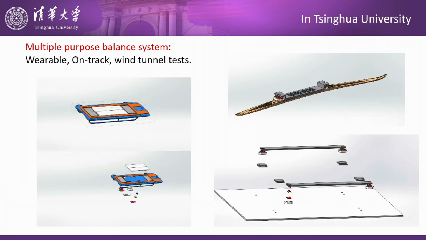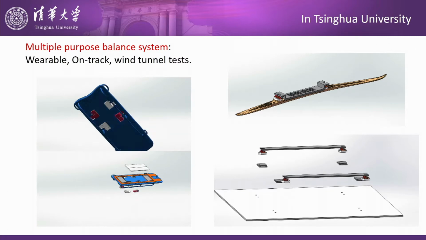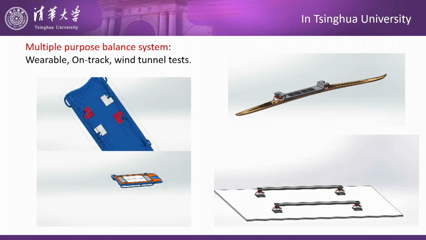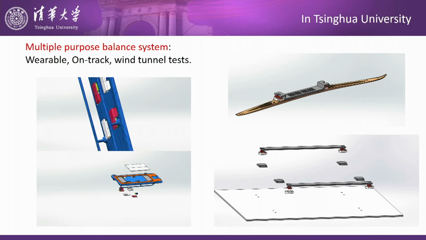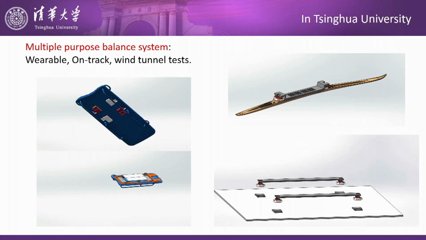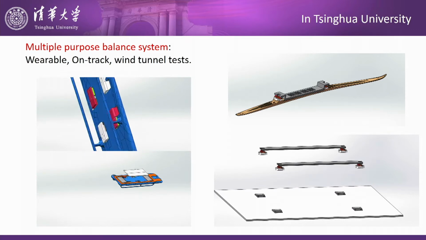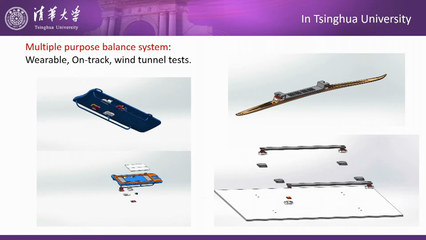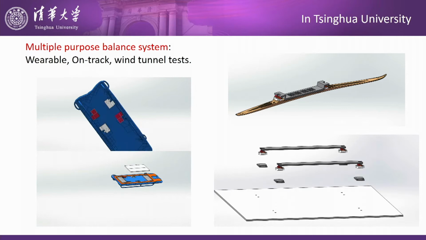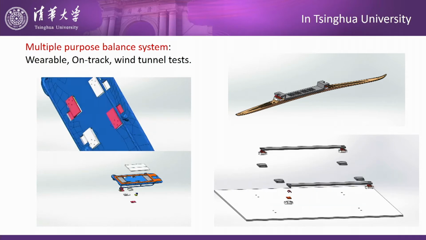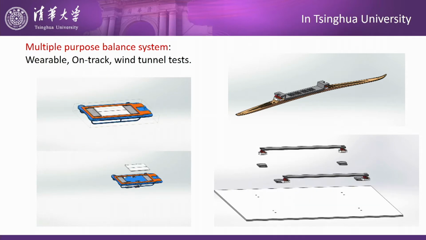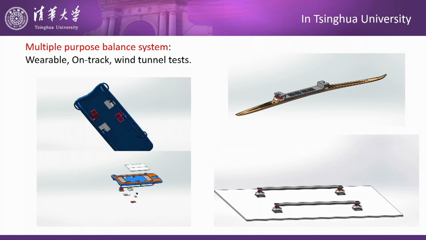And moreover, we have another system of balances. It's variable. It can be used on track, and also can be used in the internal test. You can see for skeleton, this is assembly GIF, and this is for the cross-country ski, all right?